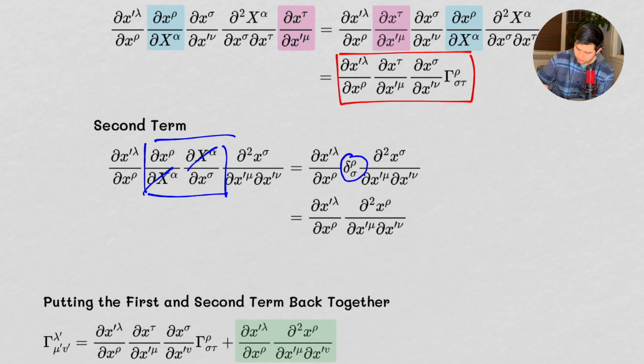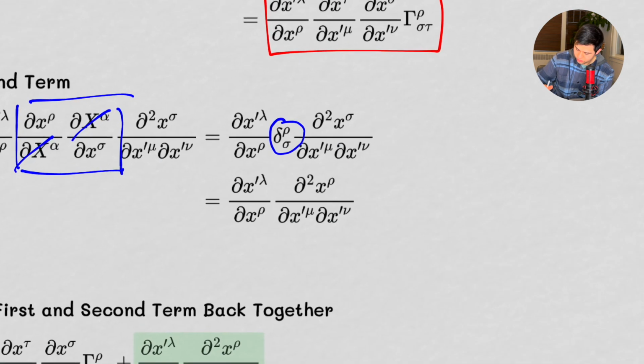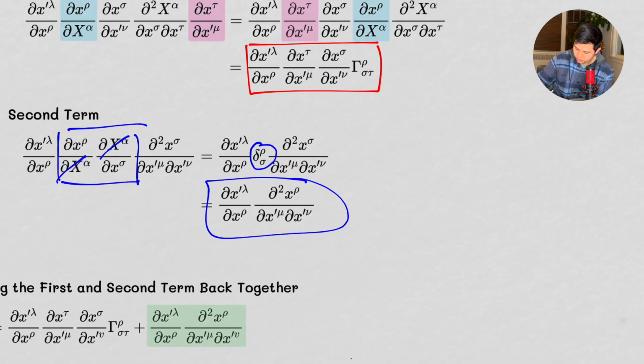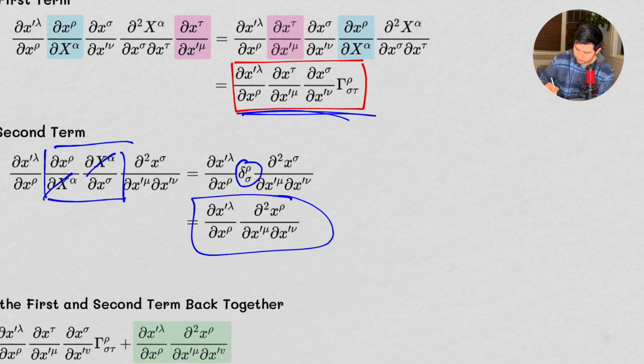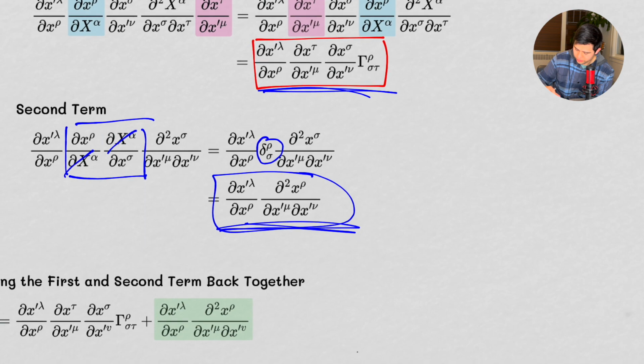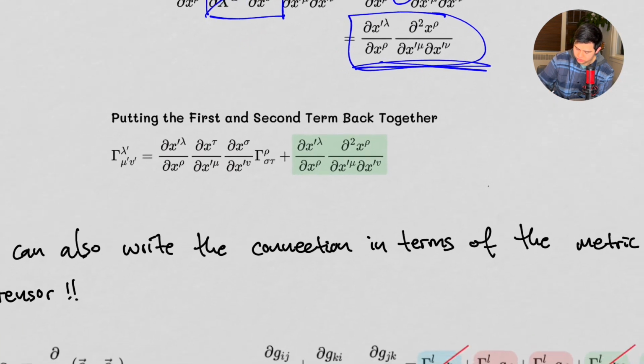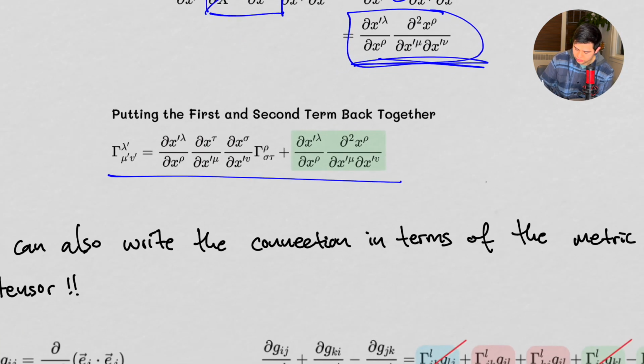And then we have this term right here. So we have this term and this term, and we can now add them together. Putting the first and second term together, we get this guy.